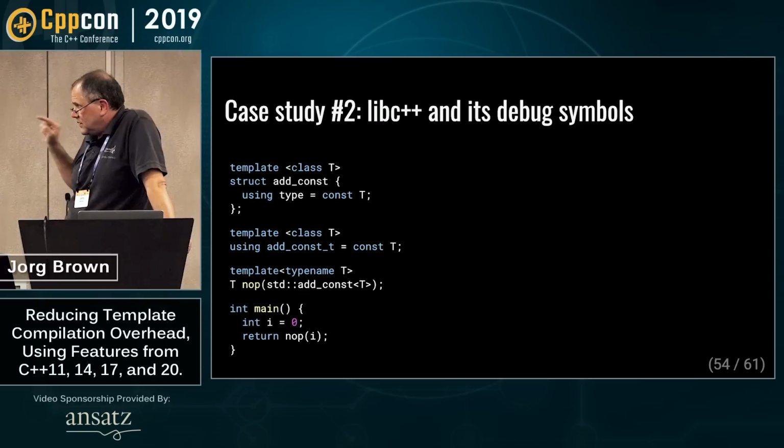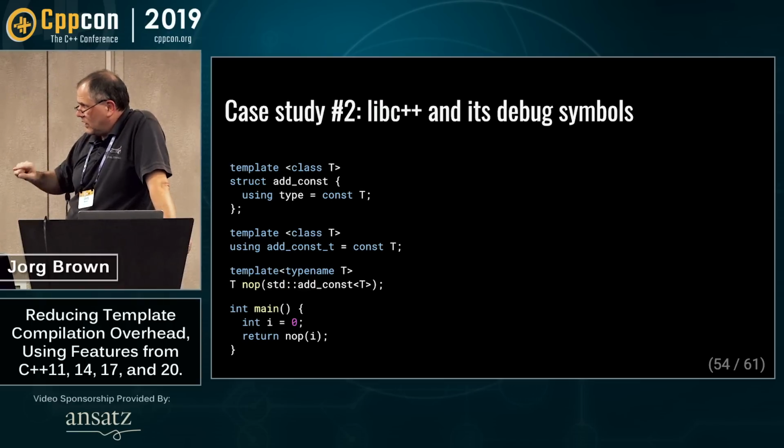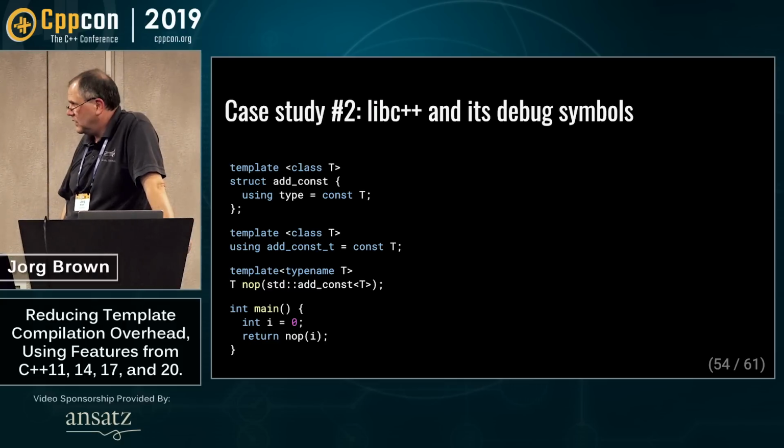Now, because the using declaration of add_const_t, in this case, is just const T, the compiler sees this call to nop being passed an integer and says, well, okay, I can figure out that T has to be an int in that case. No problem.